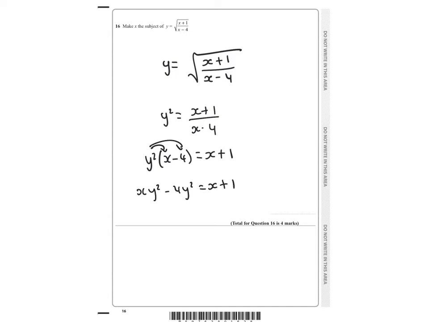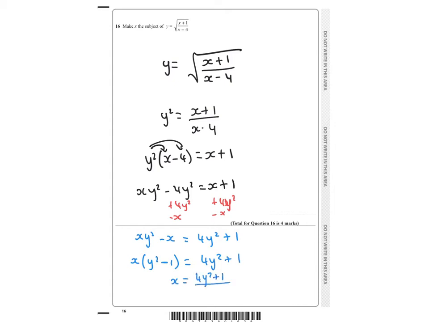I'm going to move all my x's onto one side and everything else onto the other side. So I'm going to add 4y squared to both sides, and subtract x from both sides. So I'm going to end up with xy squared minus x equals 4y squared plus 1. I'm going to factorise x, so I get x times (y squared minus 1) equals 4y squared plus 1, and then I am going to divide both sides. Okay, so there is your answer.